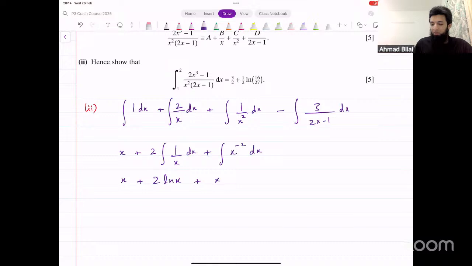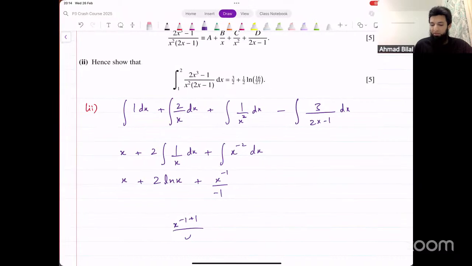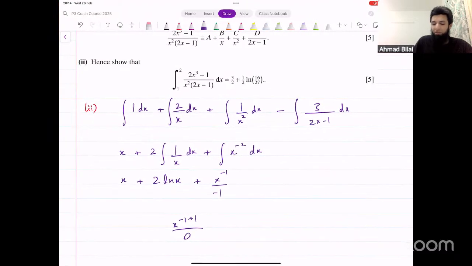And it will become -2 plus 1 divided by -1. So -2 plus 1 is -1 divided by -1. So use power rule in this to integrate. We could not use that here because it would have become -1 plus 1 divided by 0. That does not make sense. Power rule does not work with -1 power, right? So we use ln there.